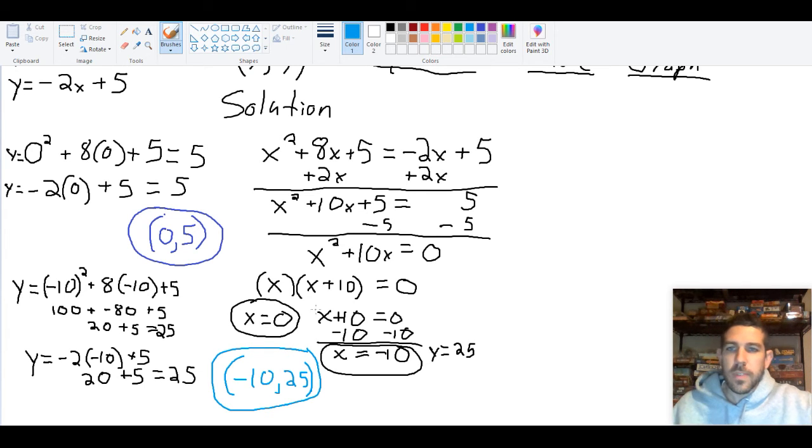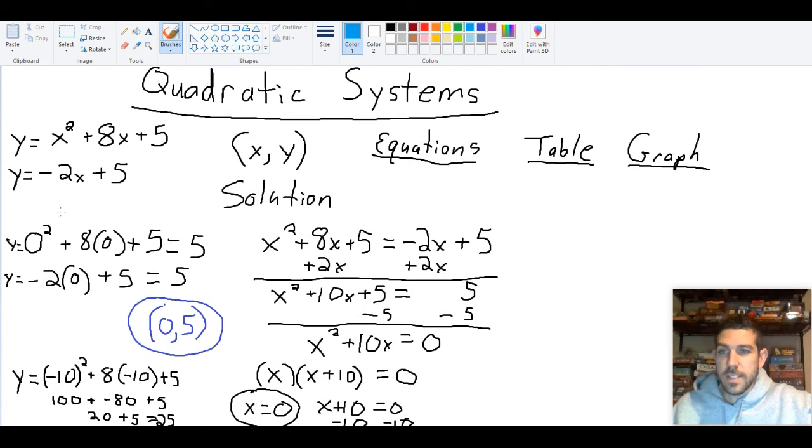All right, so we solved this system of equations, one being a quadratic, using algebraic reasoning. But I said, if you understand that a solution means the two equations on a graph should match, we could put this into a graphing calculator and also look at the table to see those answers.